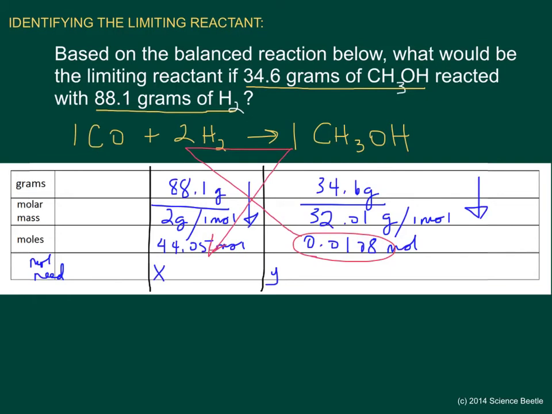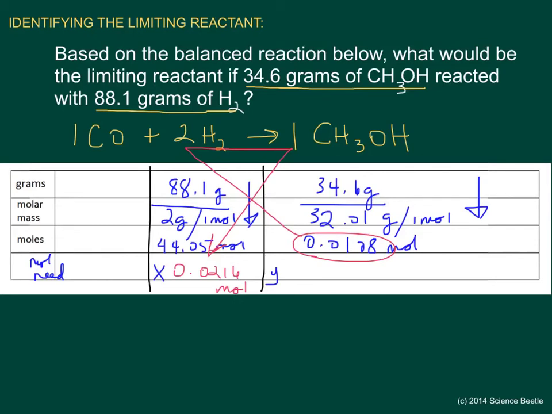If I do that math, what I get is 0.0216 moles. And that's how much I really need of the H2 if I start with 0.0108 moles of the CH3OH.